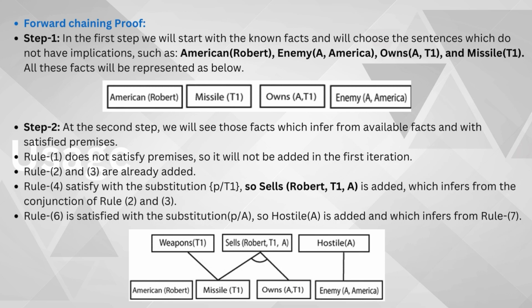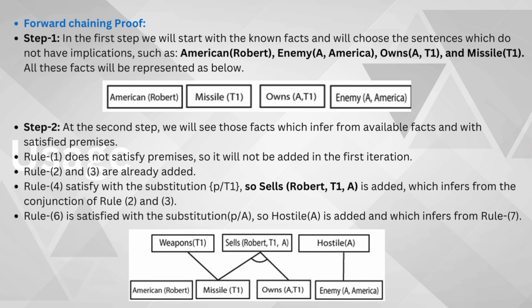However, for this rule to apply, we need specific conditions like owning a weapon and selling it to a hostile nation. Since we do not have these conditions satisfied in our current facts, we can't apply this rule in this iteration.